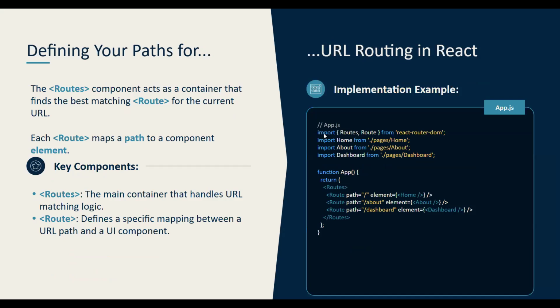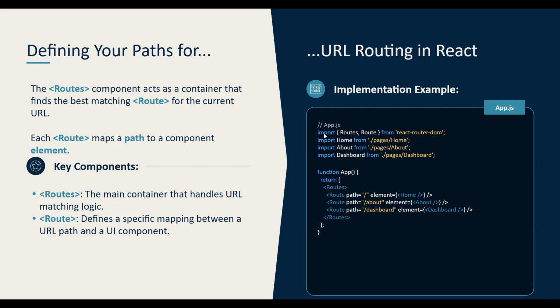Now let's talk about how we define those routes in a React application. The Routes component acts like a container that looks through all the available routes and finds the best match for the current URL. Inside Routes, each Route component connects a specific path to a specific component.